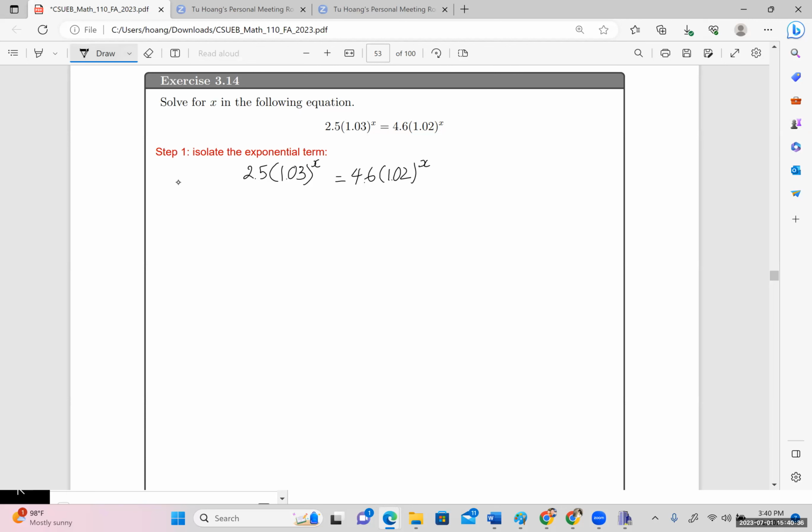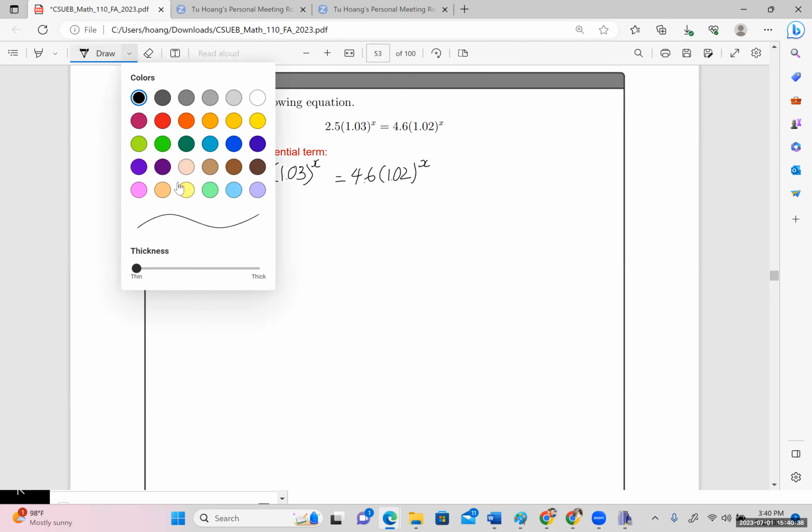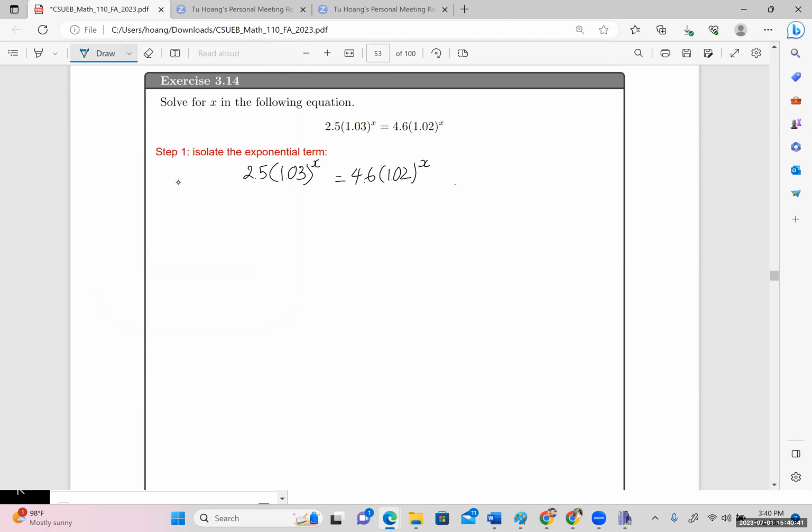So you need to divide both sides by 2.5 to get rid of that 2.5, and you also will divide both sides by 1.02 to the x.